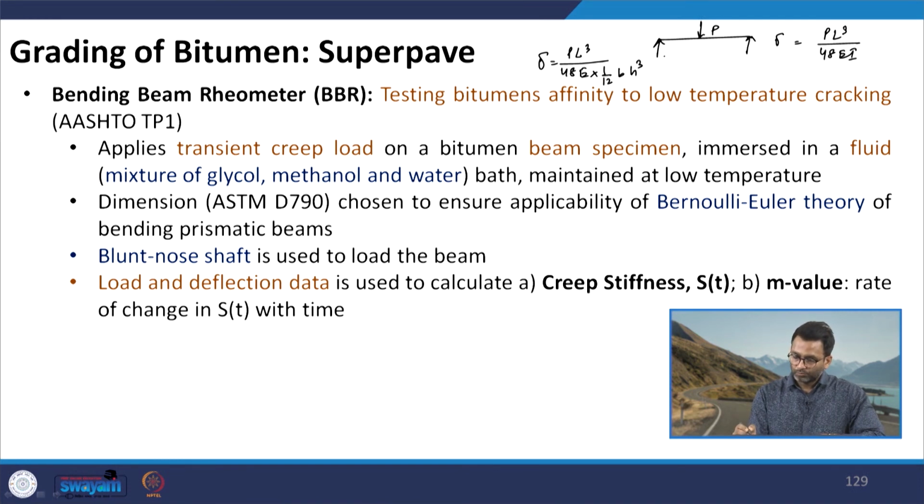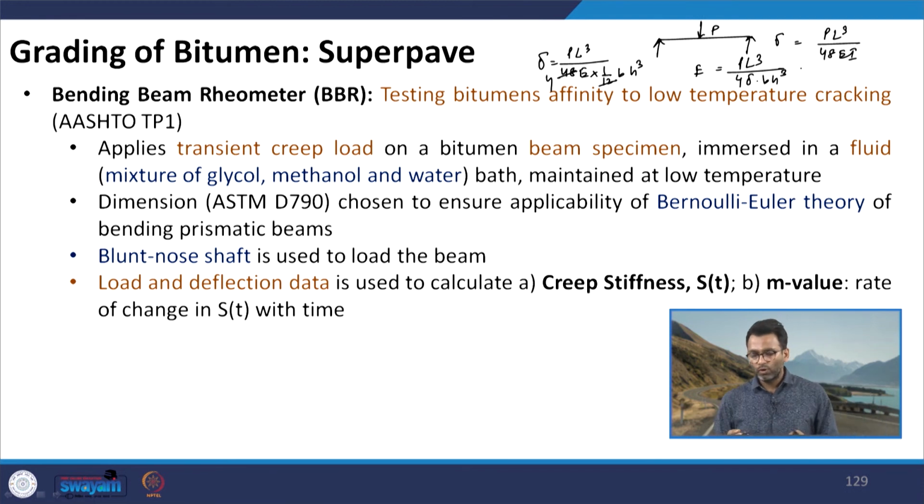So here this becomes 4. If I am interested to find E, this becomes PL cube by 4 delta BH cube. This formula is used to calculate the creep stiffness of the beam specimen.